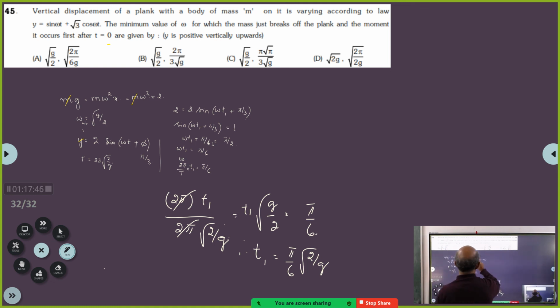If you see this expression now, this will not work, either of these two. So 2 pi I can pull out. If I pull it out, I should multiply and divide by 2, then I will get here 2 pi, so multiplying by 2, I should get 6 into 2g. So I think option C somewhere is wrong.